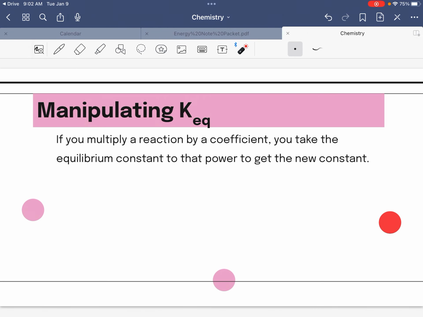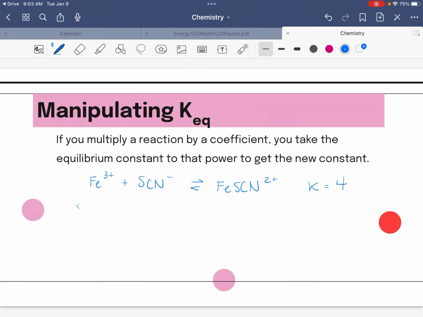Okay, if we're multiplying a reaction by a coefficient, we would take the equilibrium constant to that power to get the new constant. So for example, if I have Fe plus SCN yields FeSCN, and it has a constant of 4. Again, this is showing that it is favoring the products.